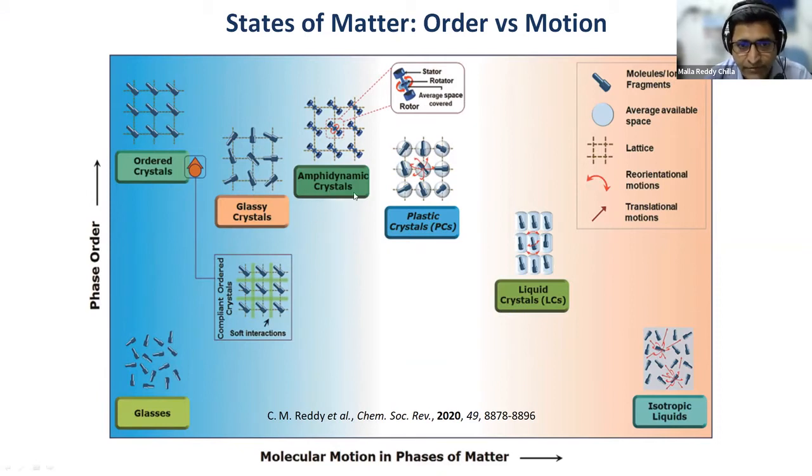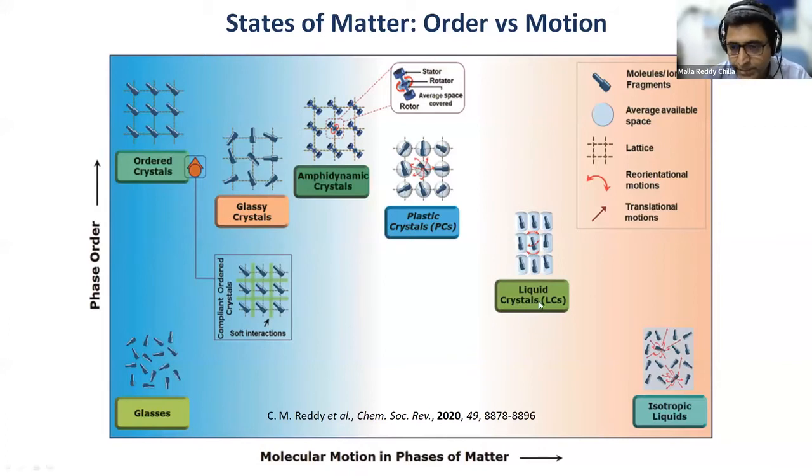Then you have amphidynamic crystals, where a part of the molecule is dynamic. And then you have plastic crystals, where you have long range order, but you have dynamic disorder at the local level. Molecules rotate along one axis or multiple axes, or sometimes, particularly when you go closer to the melting point, they are even isotropic. Since they are isotropic, you mostly have high symmetry crystals at higher temperatures, and they are highly plastic.